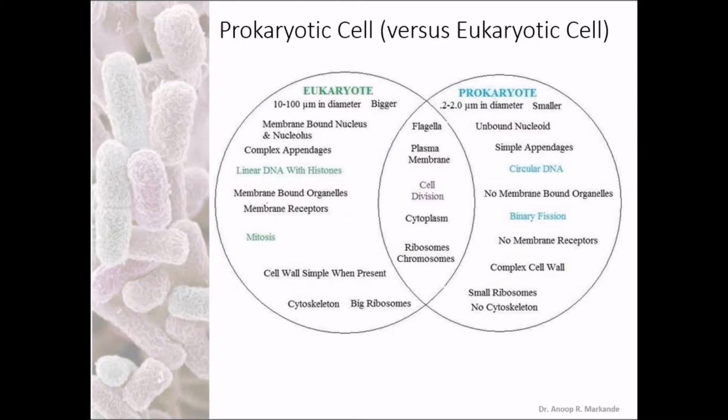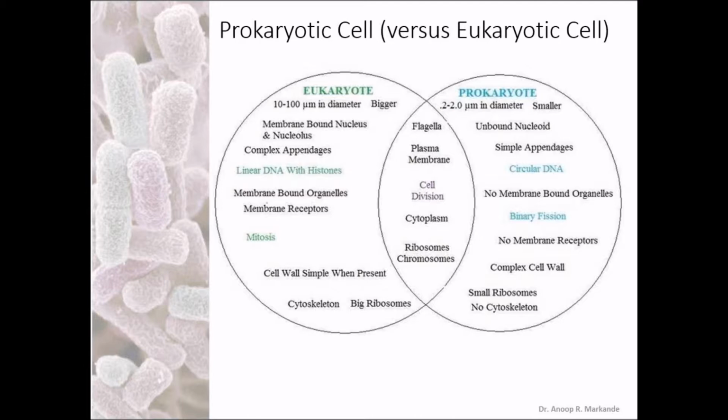So when we consider prokaryotes versus eukaryotes, eukaryotes are 10 to 100 micrometers in diameter. They are bigger. This is their general size, while prokaryotes are 0.2 to 2 micrometers in diameter, and are relatively smaller than eukaryotic cells.